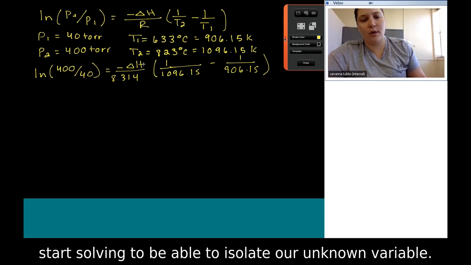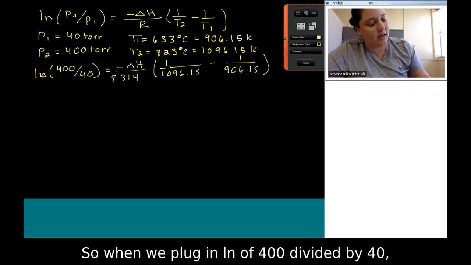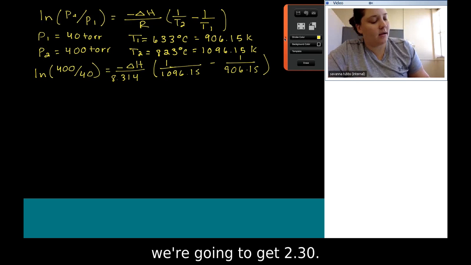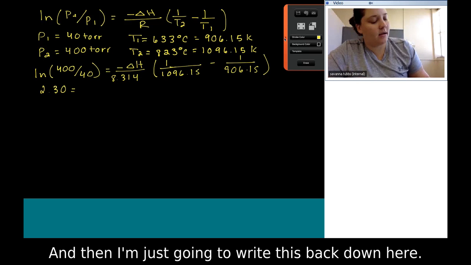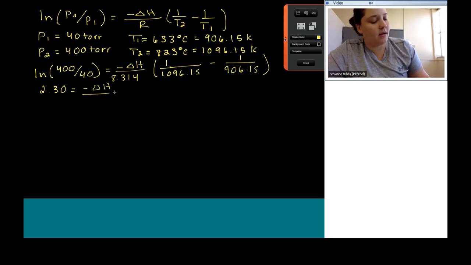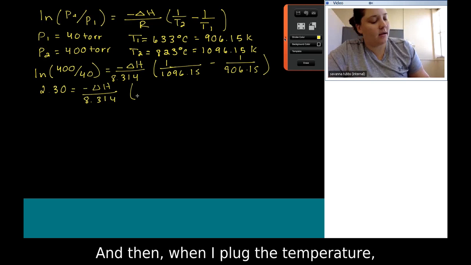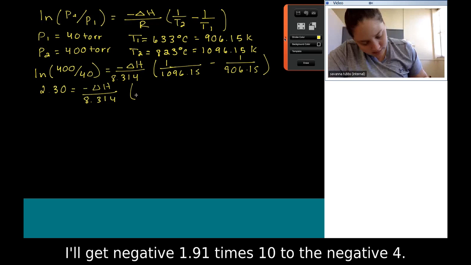unknown variable. So when we plug in Ln of 400 divided by 40, we're going to get 2.30. And then I'm just going to write this back down here. And then when I plug the temperature, I'll get negative 1.91 times 10 to the negative 4.